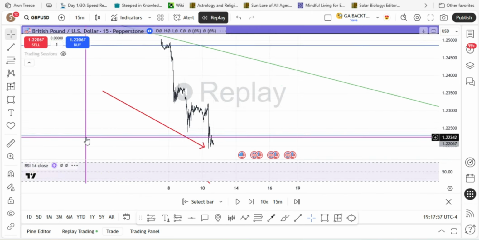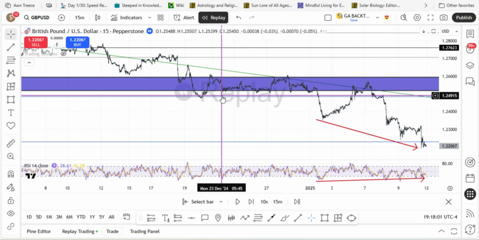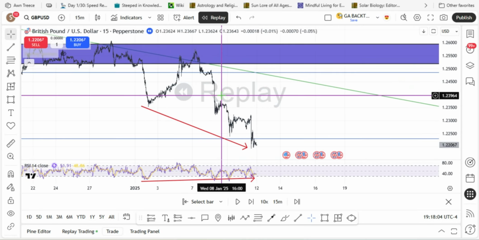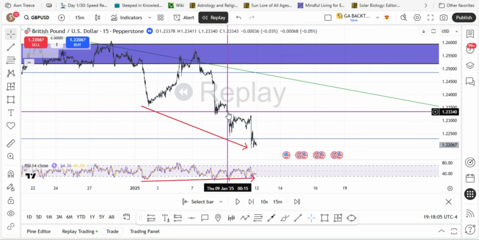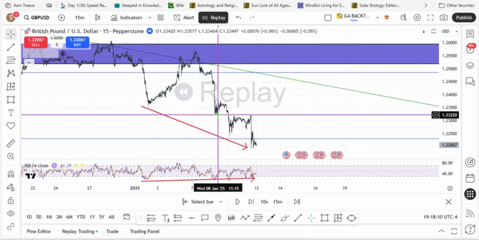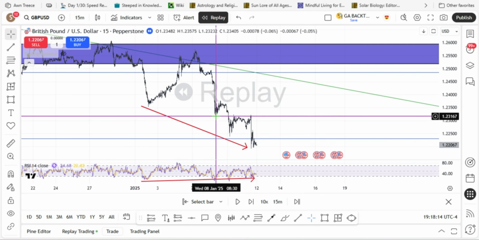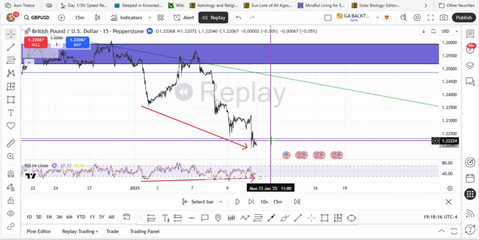All right, so on the minor structure, we have a break of structure here, breaking that lower low to create an even lower low.